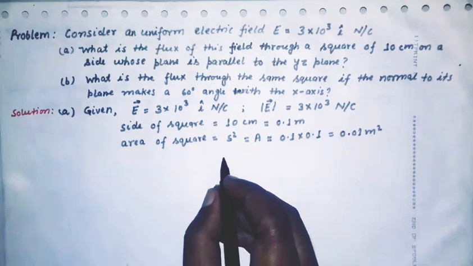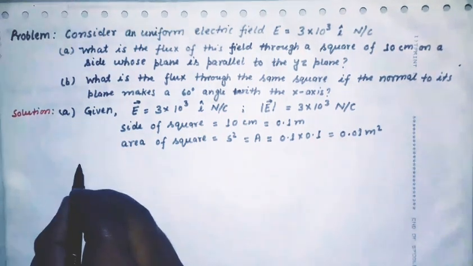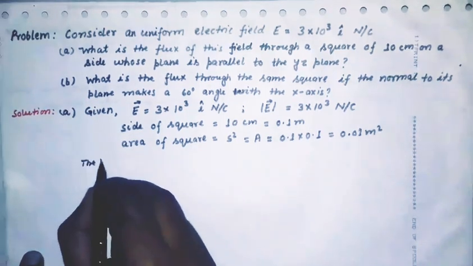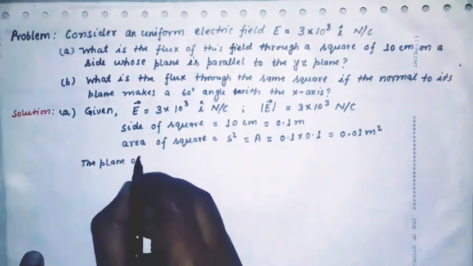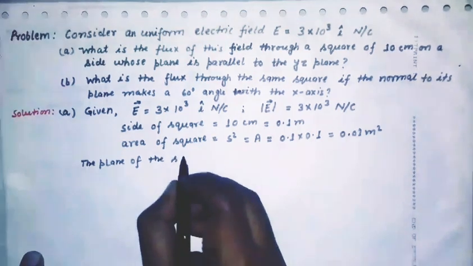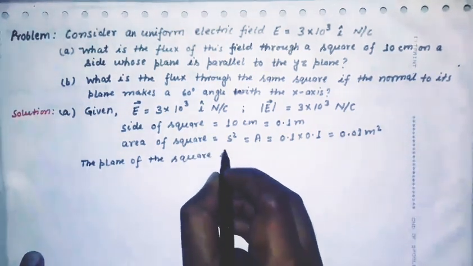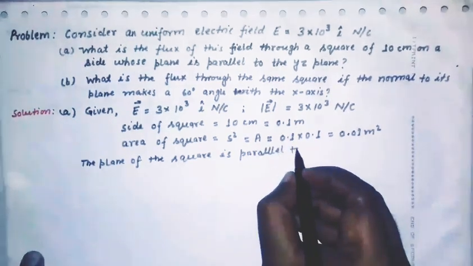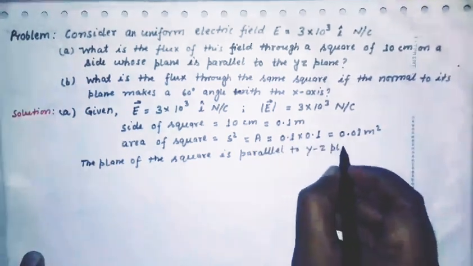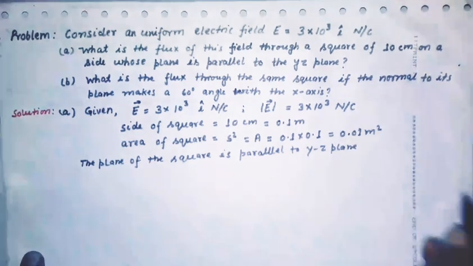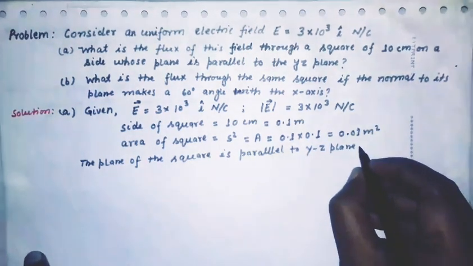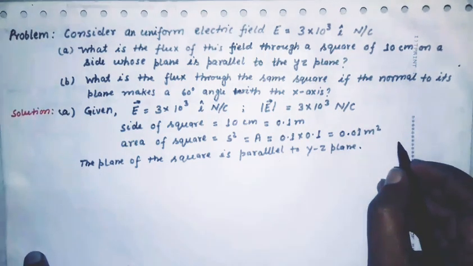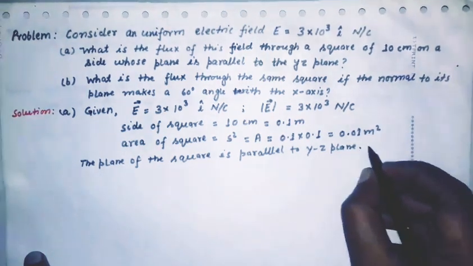The plane of the square is parallel to the YZ plane. This is given in the question. This means the angle between the unit normal to the plane and the electric field, theta, equal to 0 degree.